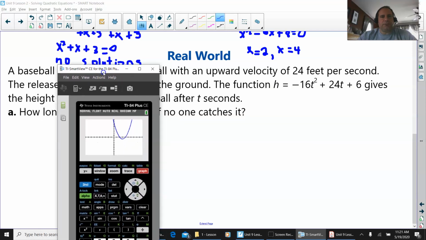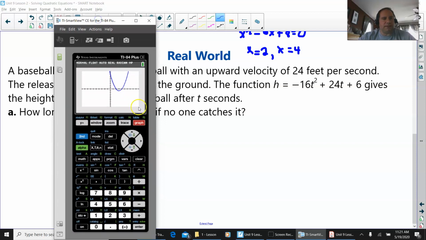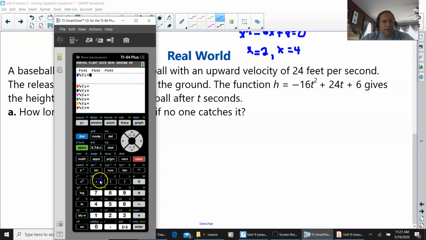So we're just going to graph it. So use that graphing calculator. Putting negative 16 x squared plus 24x plus 6. And we're graphing that. So just take a look.